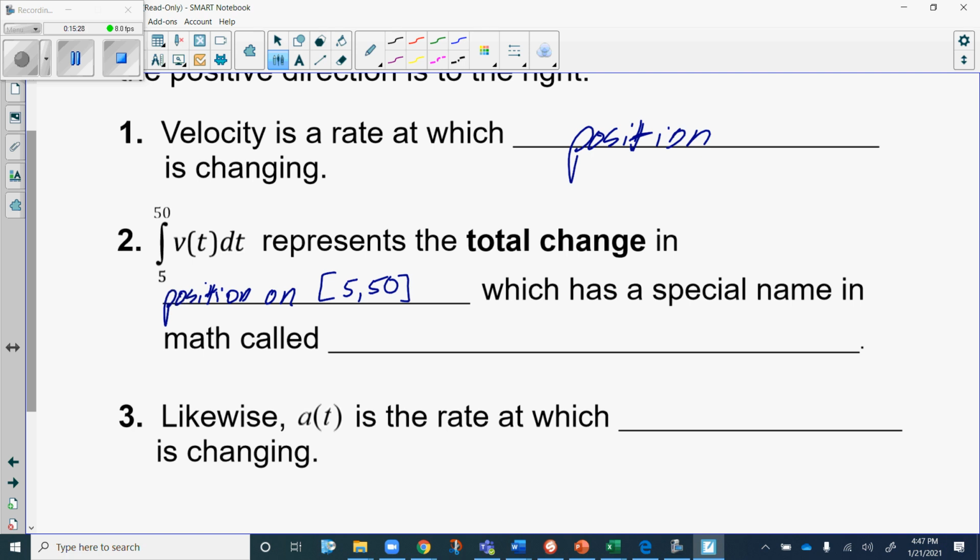Again, this is the overall change of something over the interval. That would be displacement.